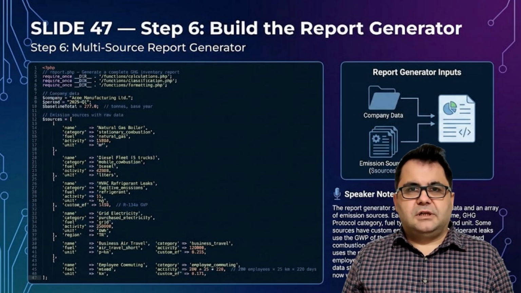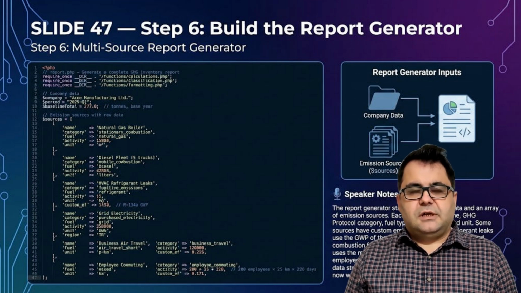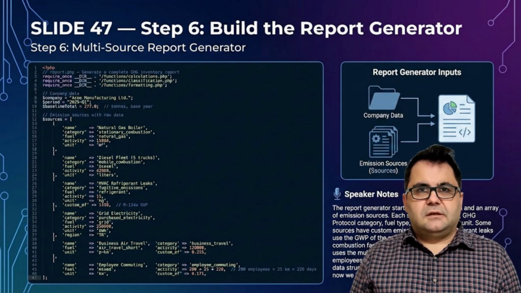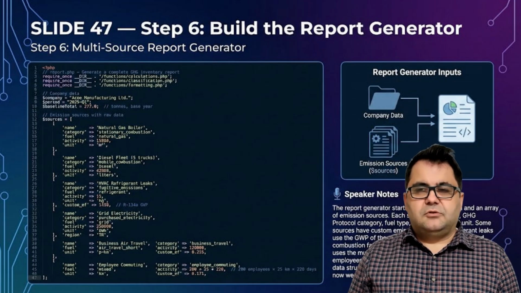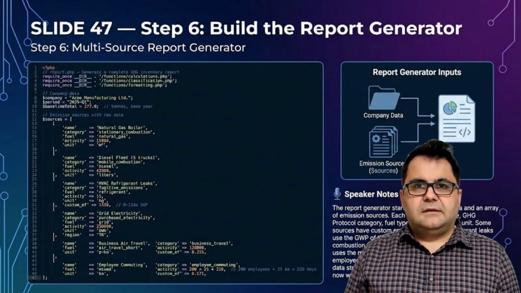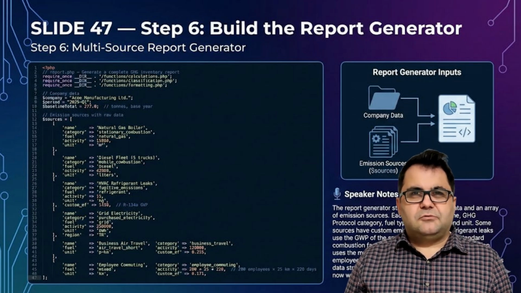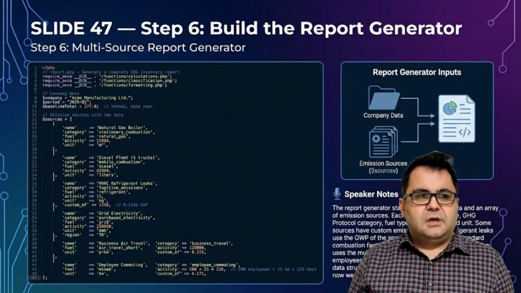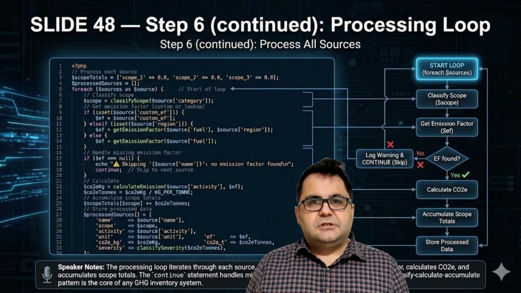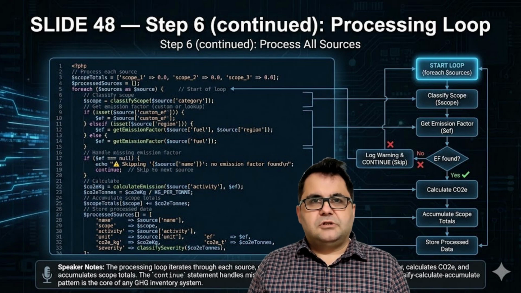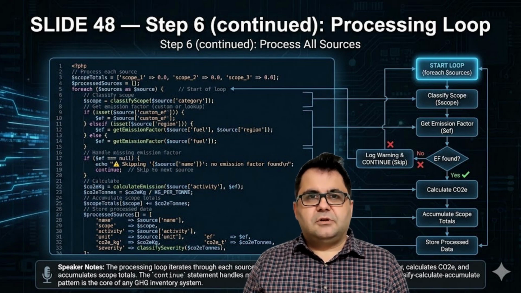The employee commuting calculation uses the multiplication right in the data definition, 200 employees times 25 kilometers per day times 220 working days. This data structure will eventually come from a database, but for now we hard-code it for the demo.